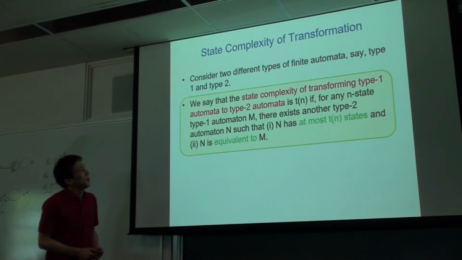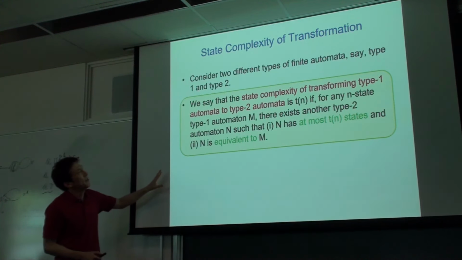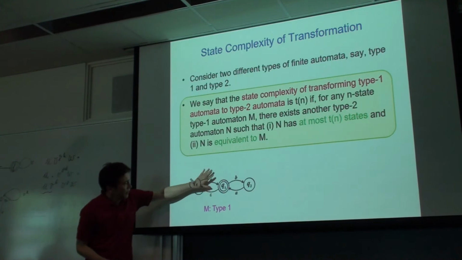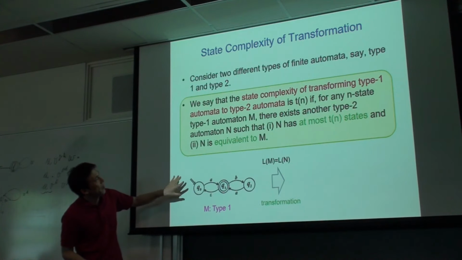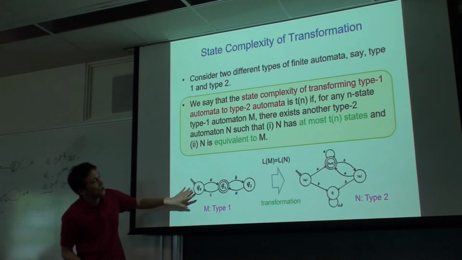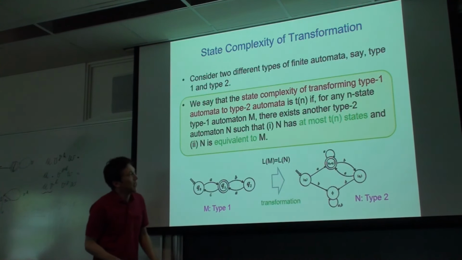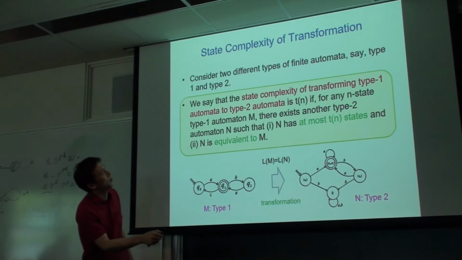Okay, so the state complexity of the transformation is to measure how a type 1 machine with n states can be transformed into another machine, the type 2 machine, with this amount, T(n), of states. In that case, we will say the state complexity is T.